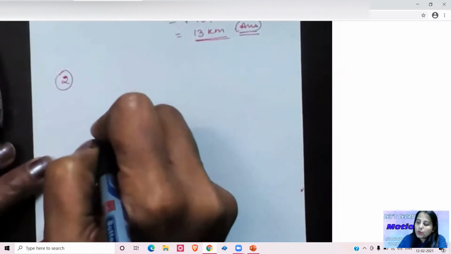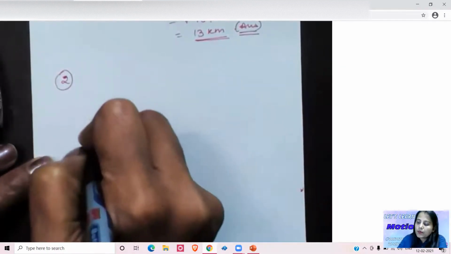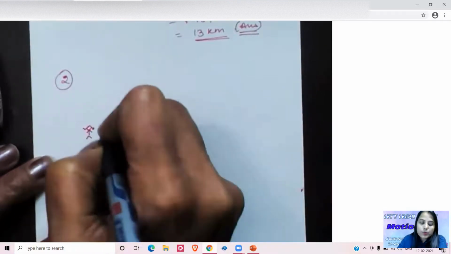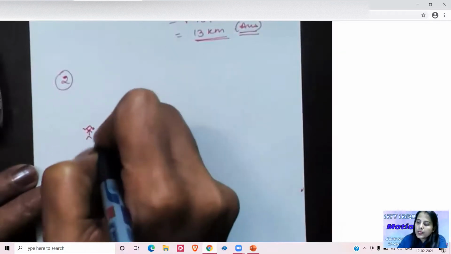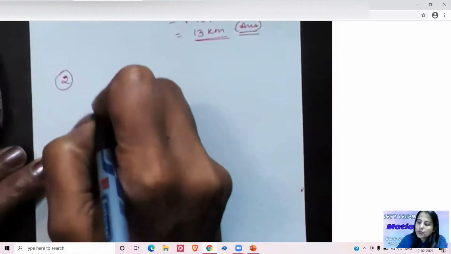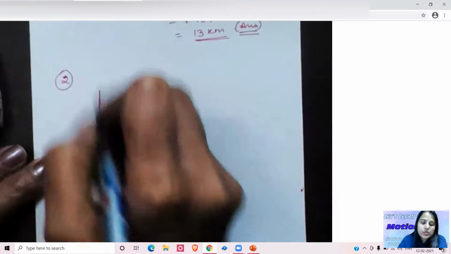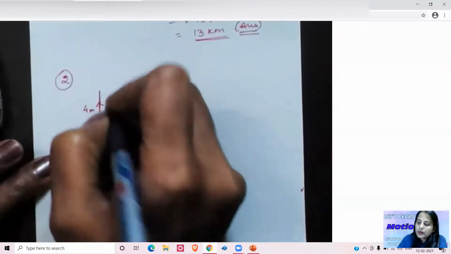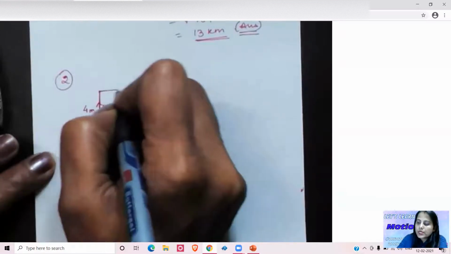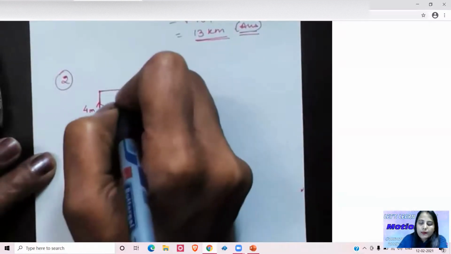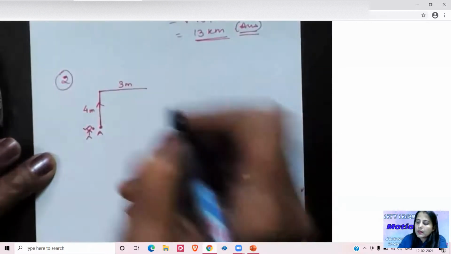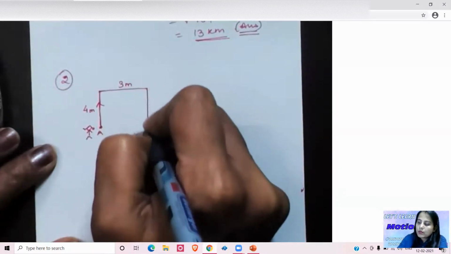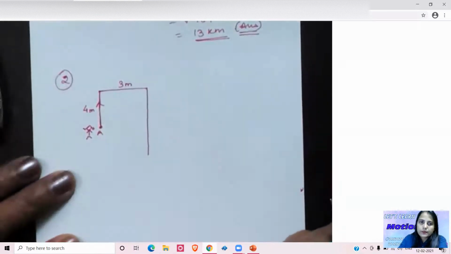So the girl, suppose we have the girl here, is moving from point A towards north 4 meters, then turned around towards east 3 meters, and then came down 6 meters.